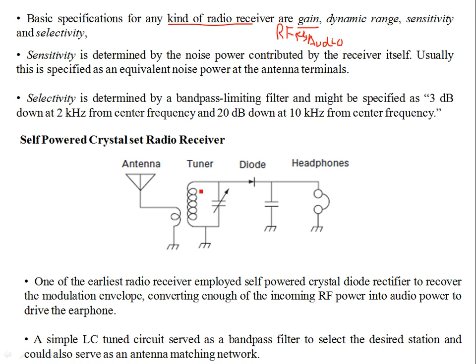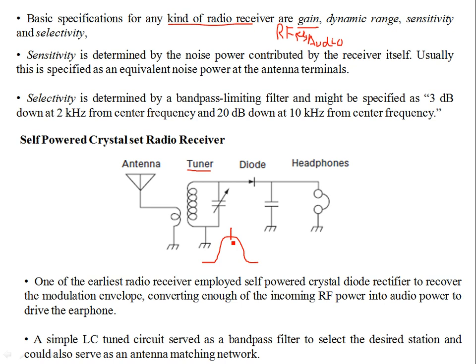For example, look over here, this is one of the earliest crystal set receivers. The first stage is a tuner, so it acts like a band pass filter. It might have a response like this, a band pass response.